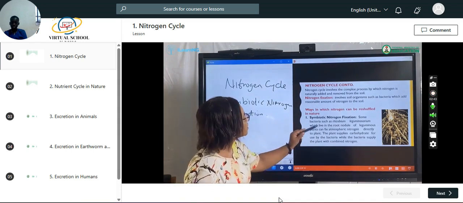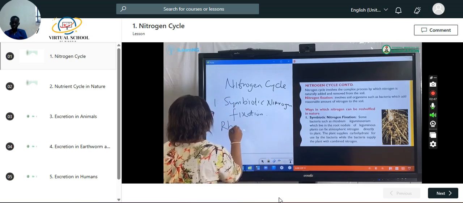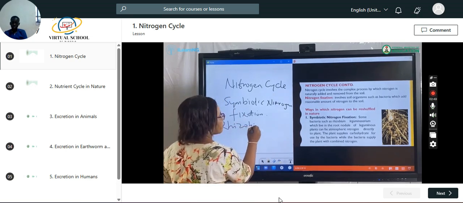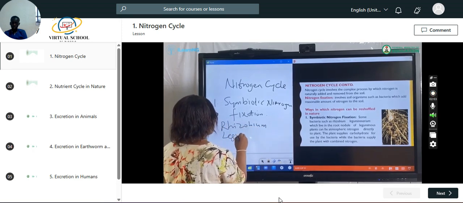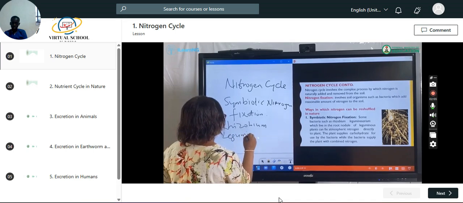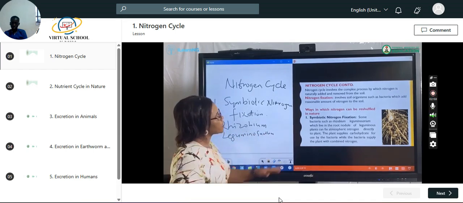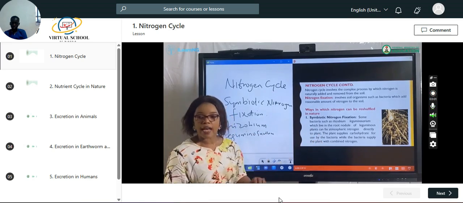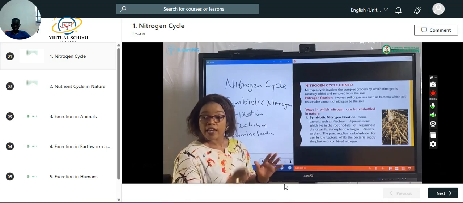This nitrogen fixing bacterium is what is known as Rhizobium leguminosarum. This particular Rhizobium is found at the root nodule of leguminous plants. That is where it lives.